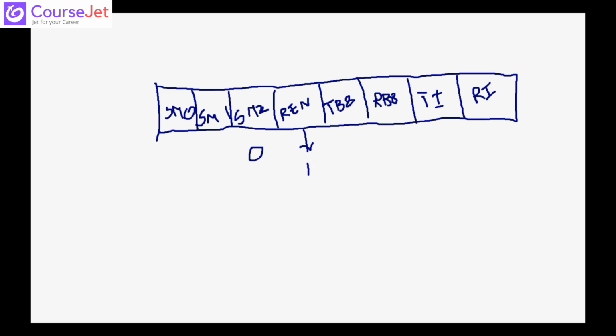And RB8 and TB8, I'll explain what those are. What we are saying is 1 start bit, 8 bits of data and 1 stop bit or 2 stop bits, right?